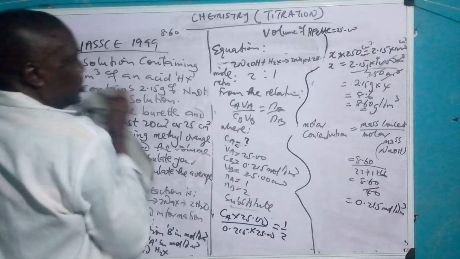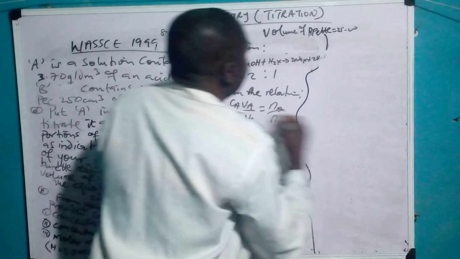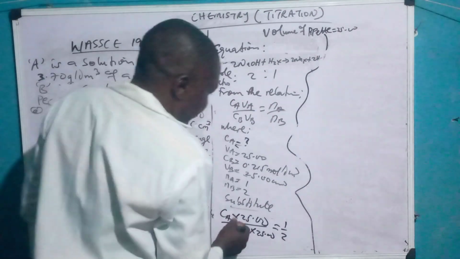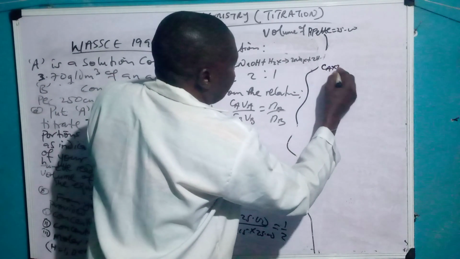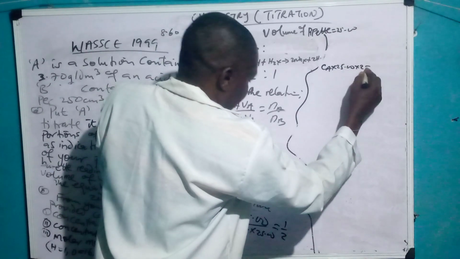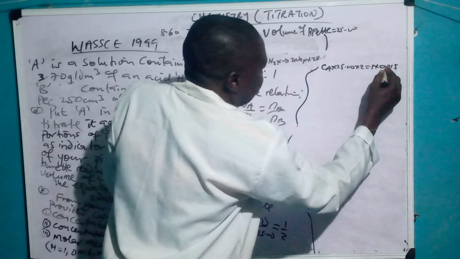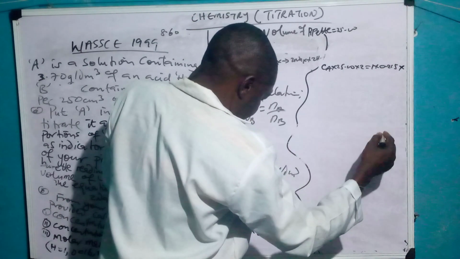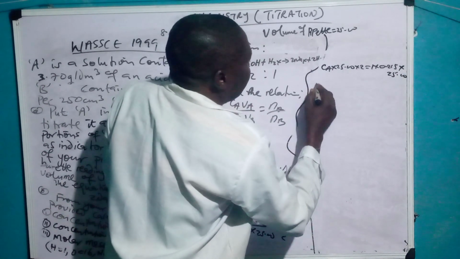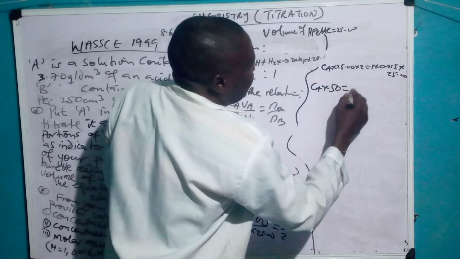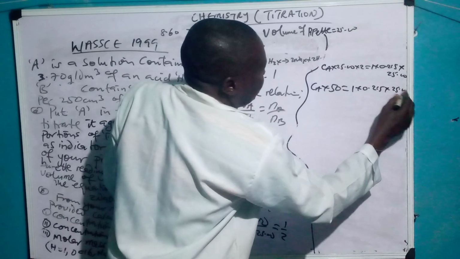So let's erase this so that we have more space. Make CA the subject of the formula. CA times 25.00 times 2 equals 1 times 0.215 times 25.00. So CA times 50 equals 1 times 0.215 times 25.00.